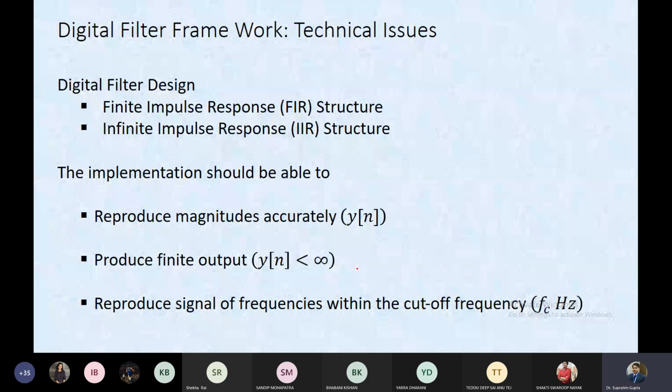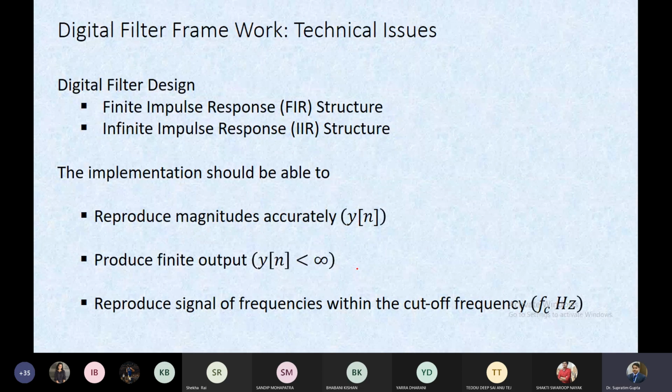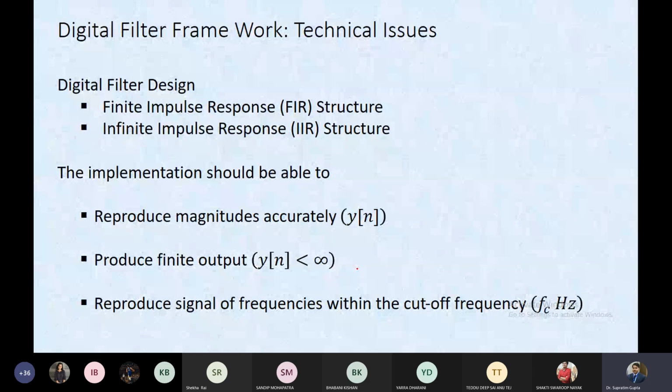So our system, which we thought was implemented with different poles, actually got implemented with poles at the same location, and that may affect the stability of the system. That means if I give a bounded input, I may not get a finite output. So we need to think of that.